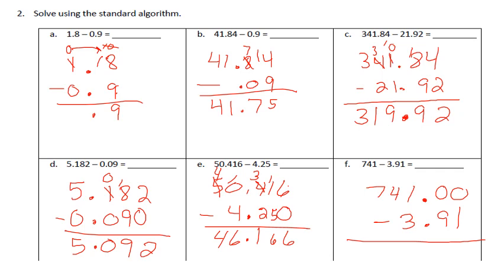There's nothing there, so I have to go to the next place value. So I'm going to regroup this one. Now I have 10 here. I still got to get over to the hundredths place. So I'm going to regroup here with 9, and now I have 10 in the hundredths place. 10 minus 1 gives us 9. 9 minus 9 is 0. Decimal point. Cannot take 3 from 0, so we're going to regroup again. 10 minus 3 is 7. 3 and 7.